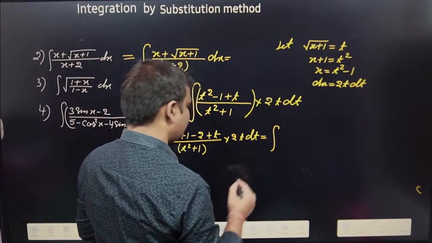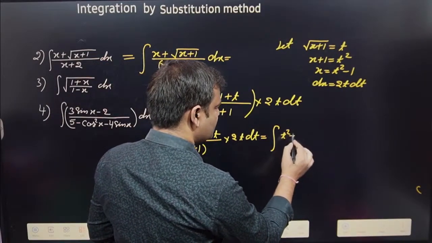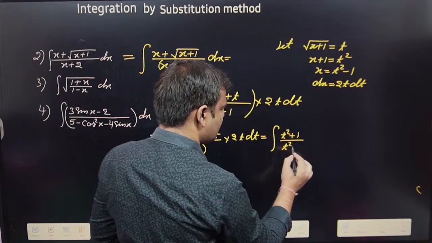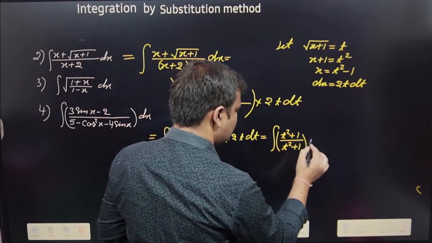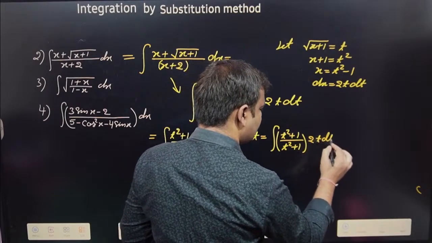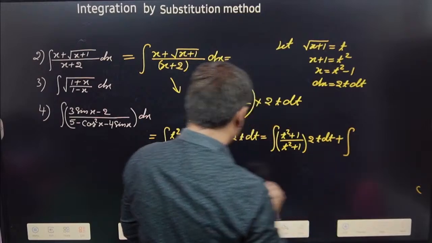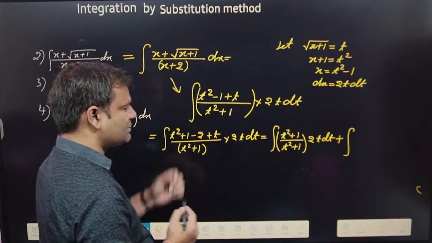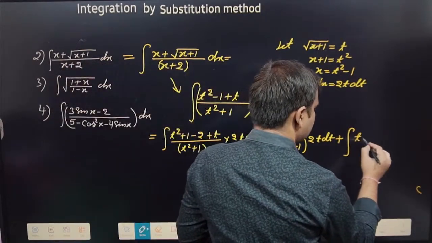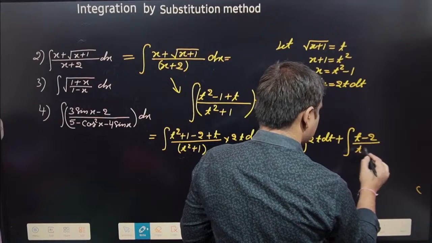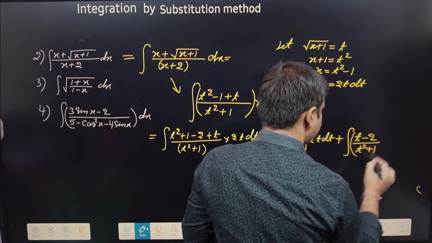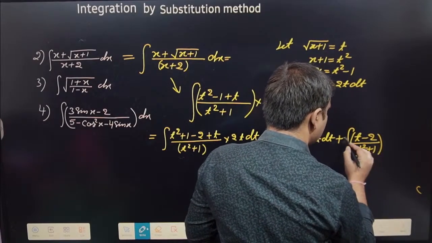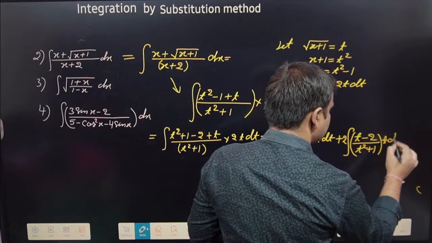Simply this one written t square plus 1 upon t square plus 1 into 2t dt plus integration of (t minus 2) divided by t square plus 1 into 2 times t dt. I hope it is clear.